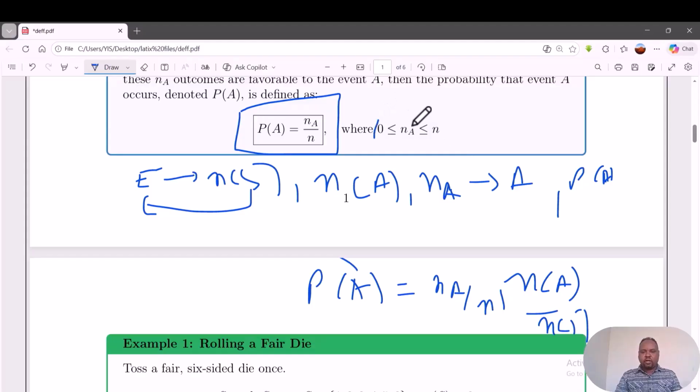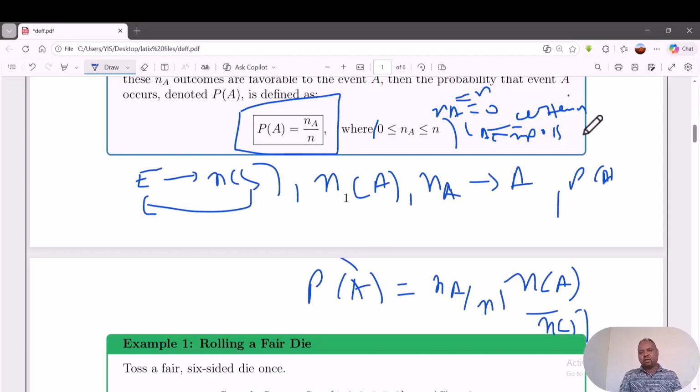where the number of elements in A should lie within this range. Recall that where n(A) is 0, A is said to be an impossible event, right? If n(A), the number of outcomes favorable to A, is n, then A is said to be a certain event, right?